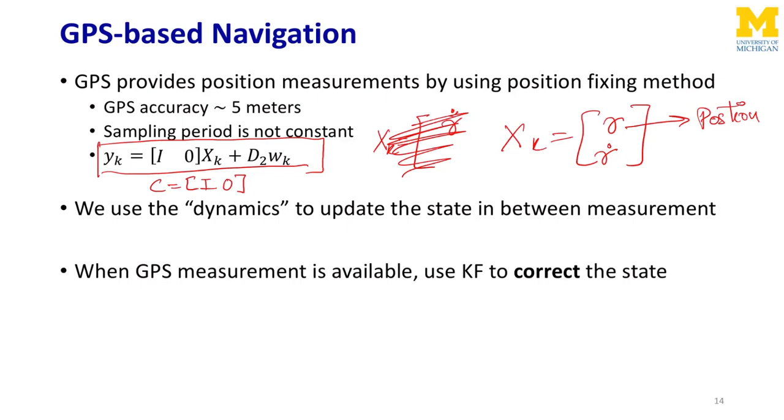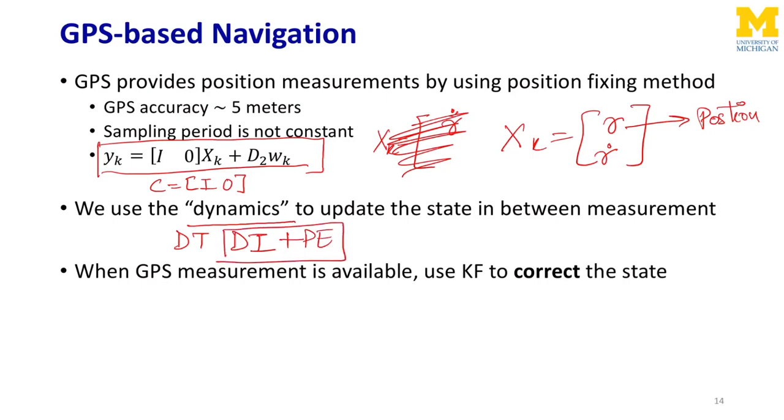So GPS measurements are basically the position plus some error. D_2 is going to depend on the accuracy of the GPS. Now again, what we are going to do is use the dynamics that we saw, which were the discrete-time double integrator and Poisson's equation.